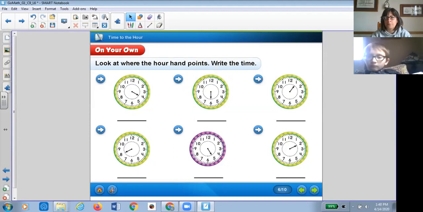See, it's pointing to the 2. Good. Okay. So you can erase your board and cap your marker.